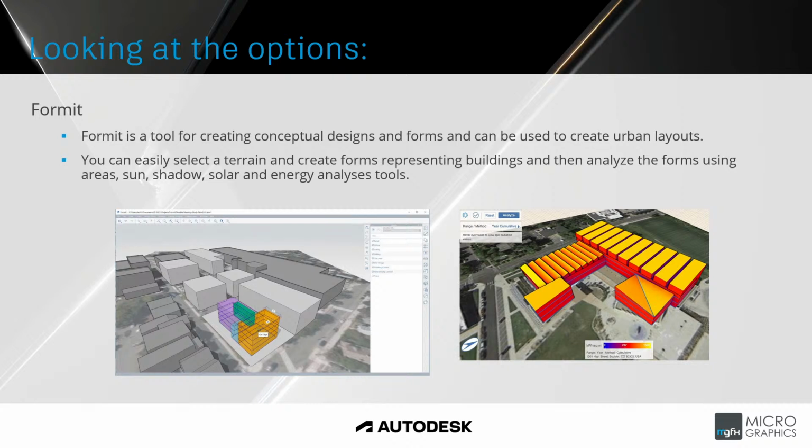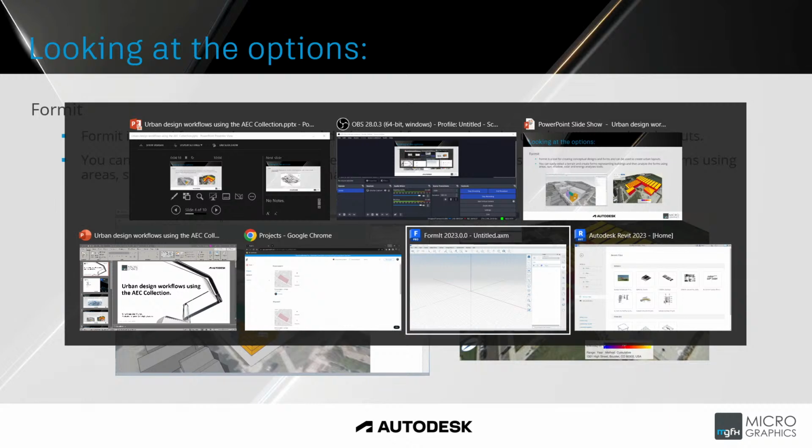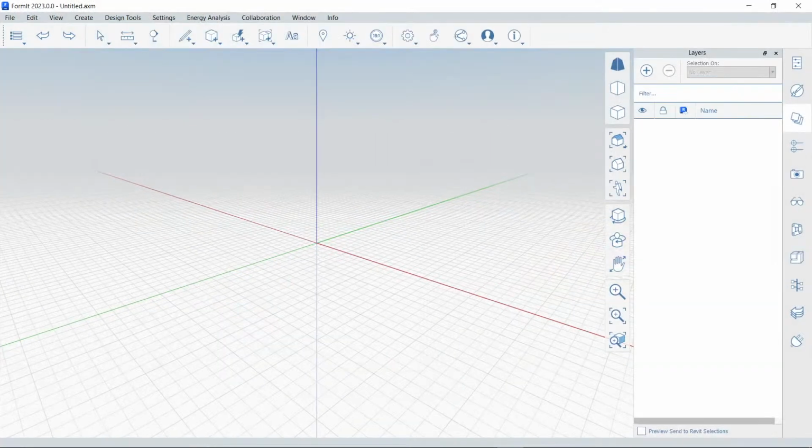Let's open Formit and have a look at that briefly, and then we'll carry on with some of the other tools. Formit is kind of like a push and pull design tool prior to getting to Revit, and typically it's for smaller use, but you can also use it for urban design, as we mentioned.